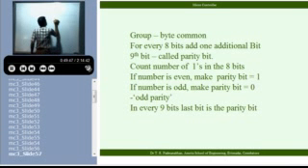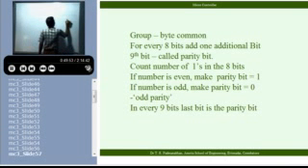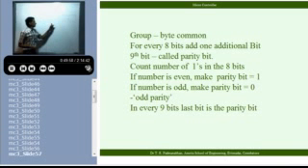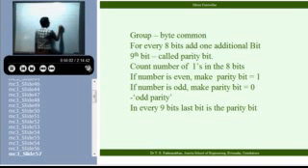This is bit 8, bit 7, bit 6, 5, 4, 3, 2, 1, 0. This is not transmitted. This can be transmitted.